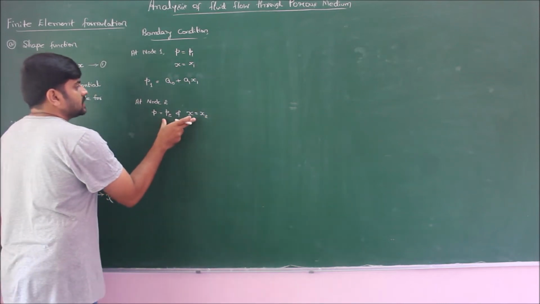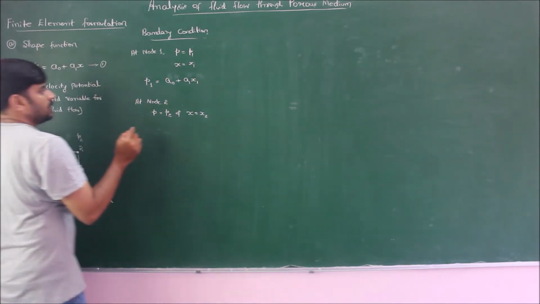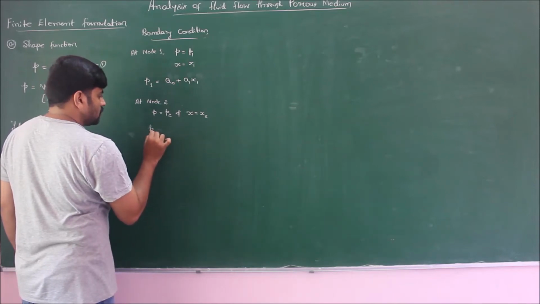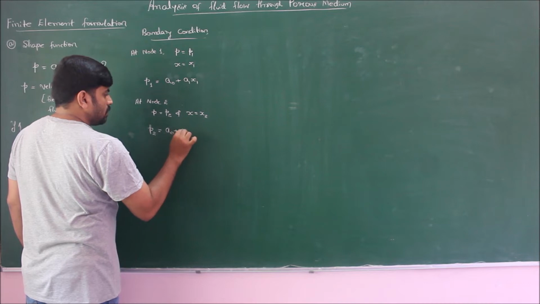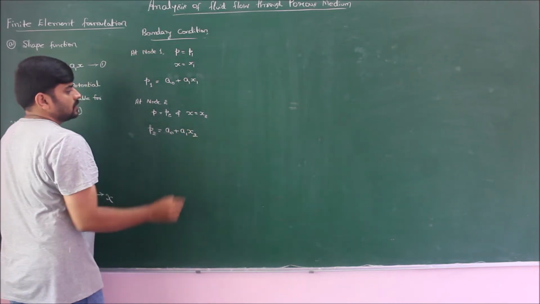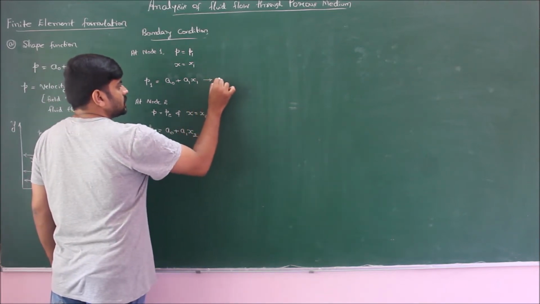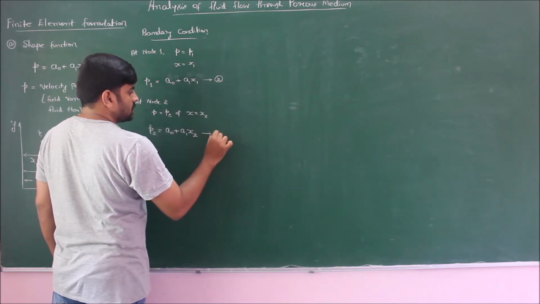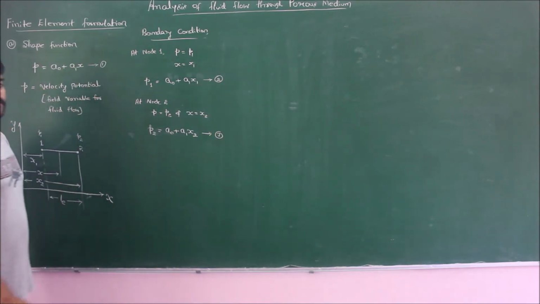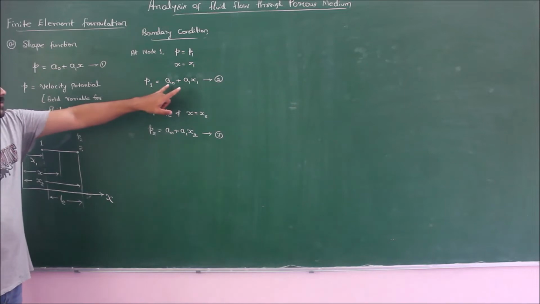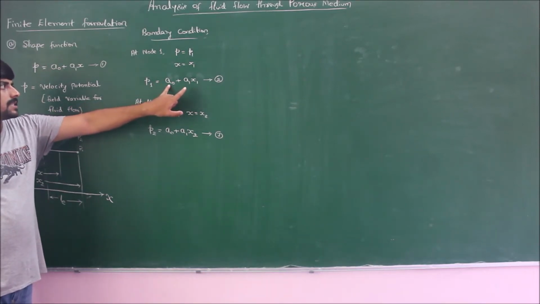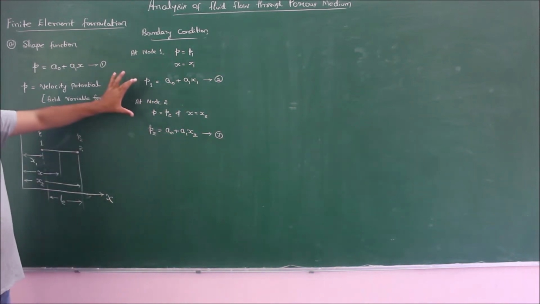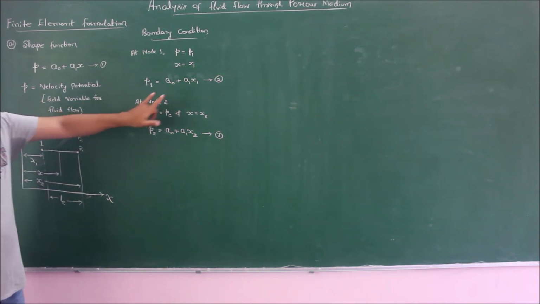So if I substitute this condition in equation 1, I'll end up with the velocity potential at node 2 as P2 is equal to A0 plus A1 x2. Consider this as equation number 2 and this as equation number 3. Now find the values of constants A0 and A1. If I want to find the constants A0 and A1 using these two equations, we have two unknowns.